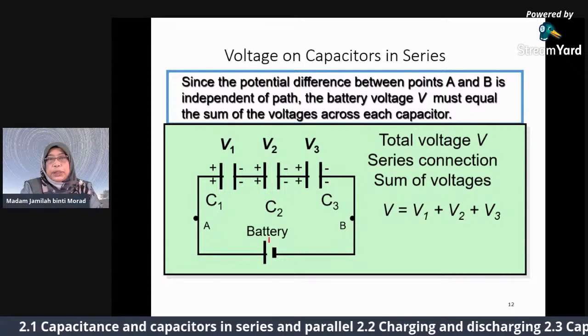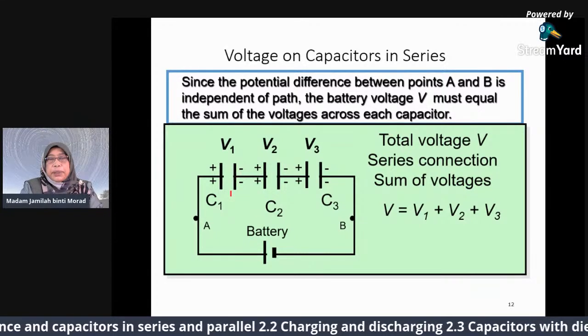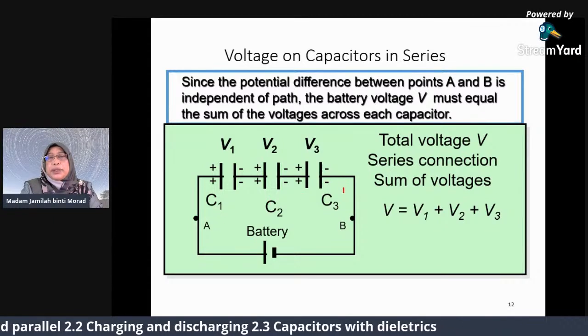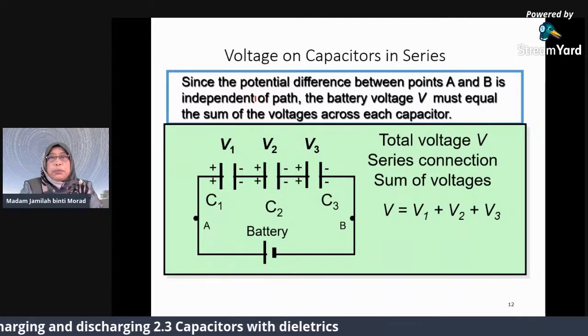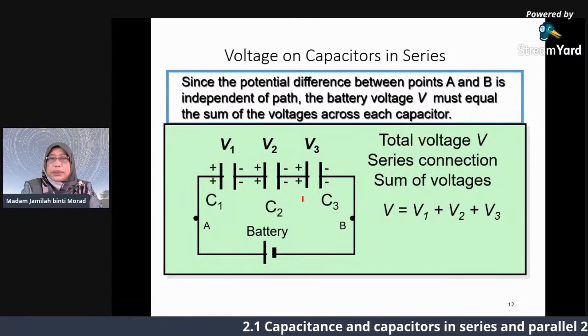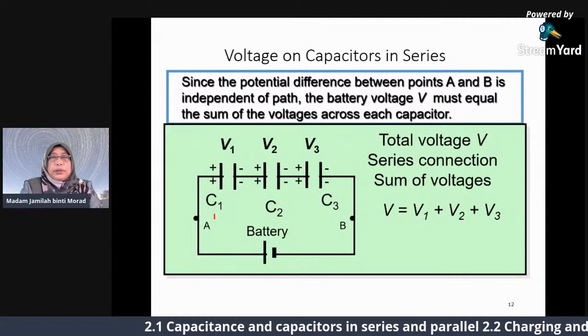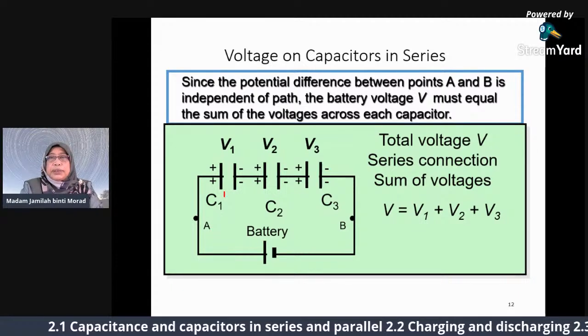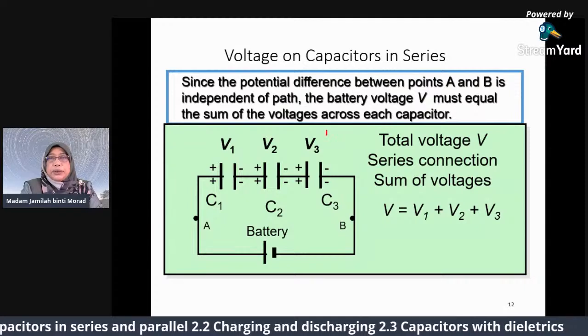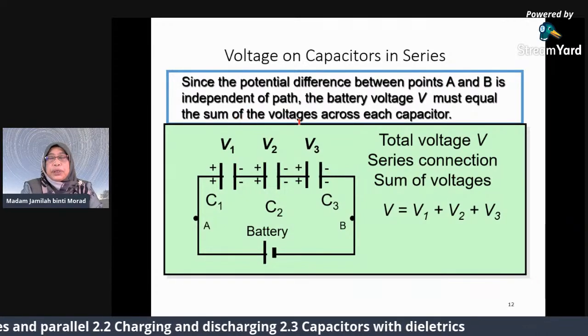Then what happens to the potential across capacitor 1, capacitor 2, and capacitor 3? Potential difference between point A and B is independent of path. You learned it in the previous topic. The battery voltage must equal the sum of the voltage across each capacitor. So this is the conclusion for the voltage.